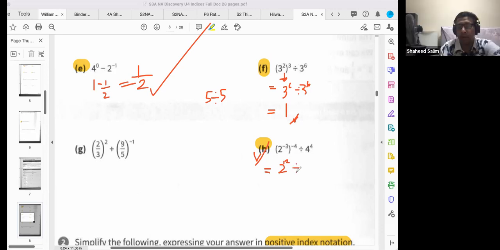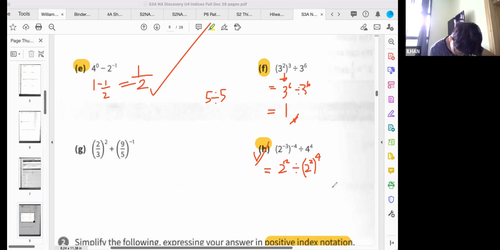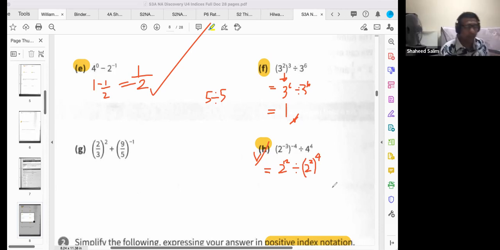Then after that, divided by 4 to the power of 4. You can change the 4 to the power of 4 as 2. Okay. The 4 outside. Correct. Then you minus the powers, but because they say evaluate, you cannot leave it as index notation. You got to give it as a number later.